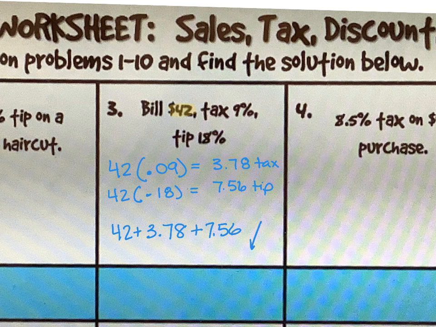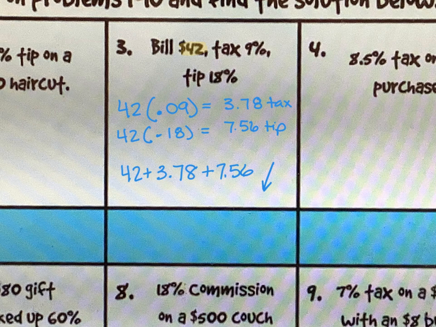So you have your $7.56 and your $3.78 and your original 42, and you get your grand total of $53.34. Do you see how we had to do that in 2 steps? First, we calculated the tax, then we calculated the tip, then we added it all together.